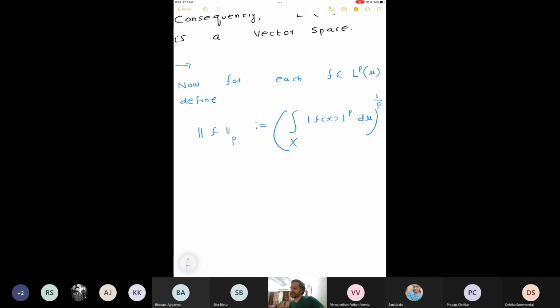My next aim is to say that this in fact defines a norm on L^p. For that, I have to see that the four conditions are satisfied, out of which the only non-trivial condition is the triangle inequality.